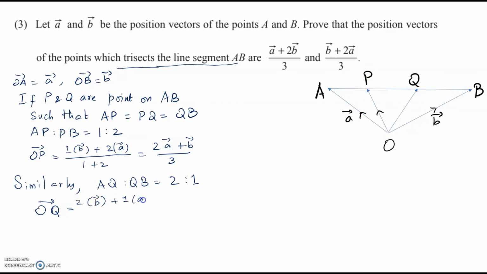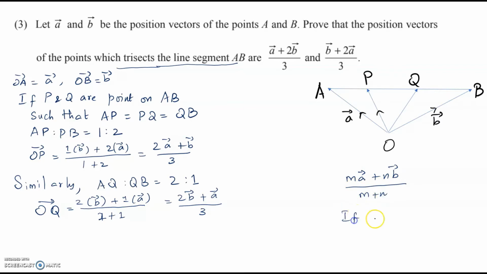So that's equal to 2B vector plus A vector by 3. This is based on the section theorem formula, which is M A vector plus N B vector divided by M plus N, if the line segment is divided in the ratio M is to N. Okay, so just writing this for your reference.